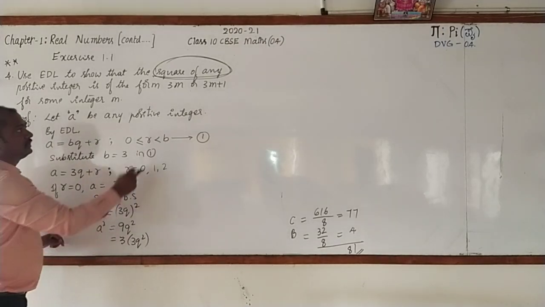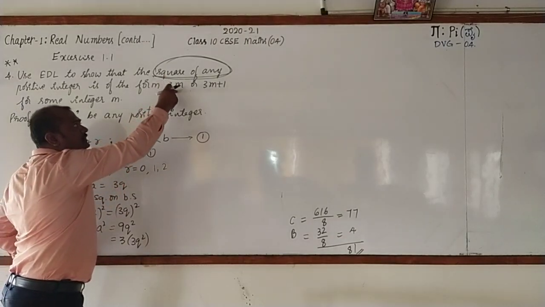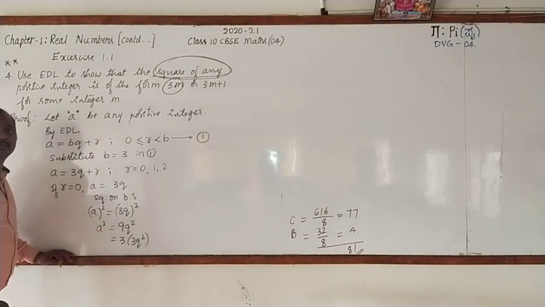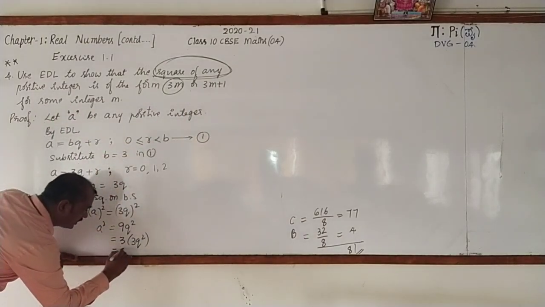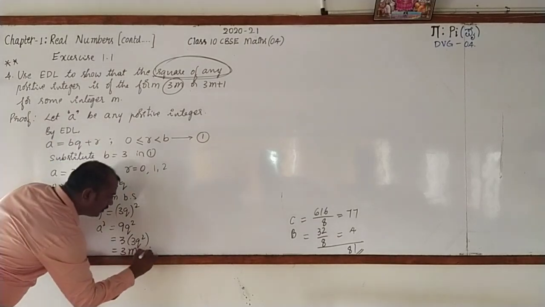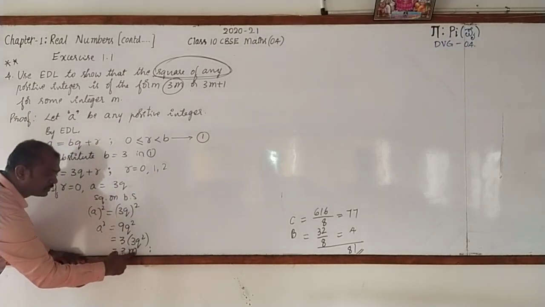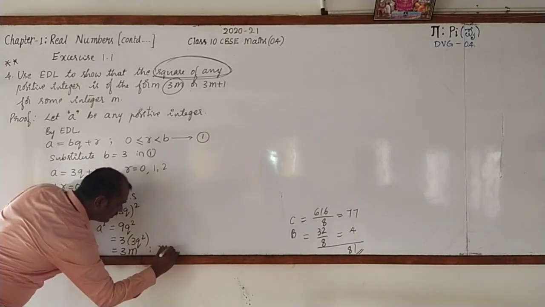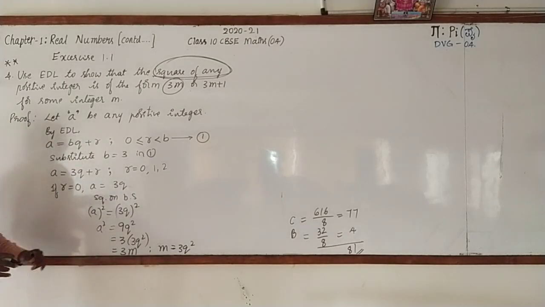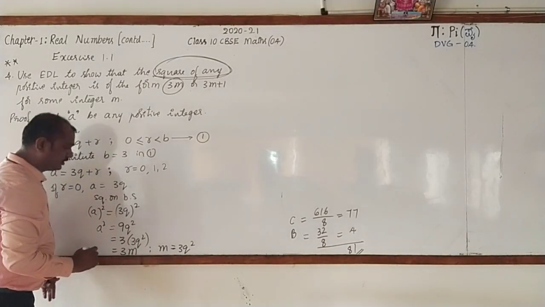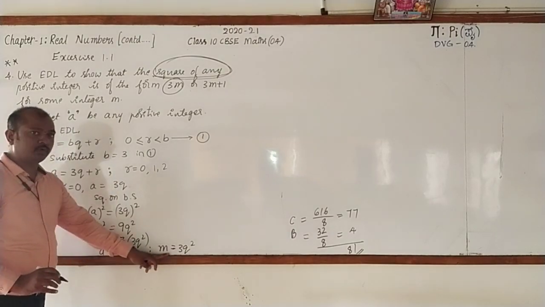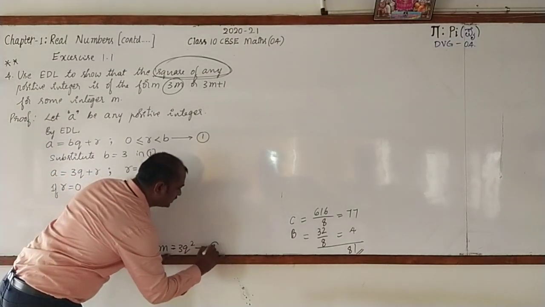Because we know that you are going to express the square of any positive integer either in this form 3m or 3m plus 1. Here I write it can be written as 3m. Then what is m? So m is 3 square. Sorry, 3q square. m equal to 3q square. I hope that you have understood this one. a square equal to 3m, where m equal to 3q square. I call it as statement 2.